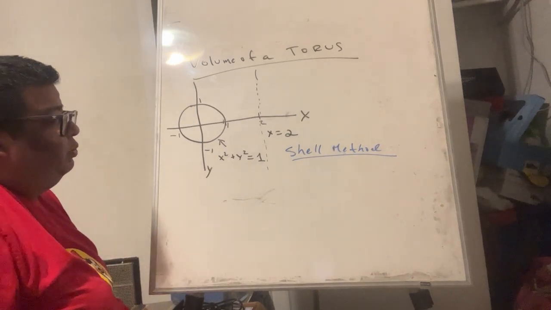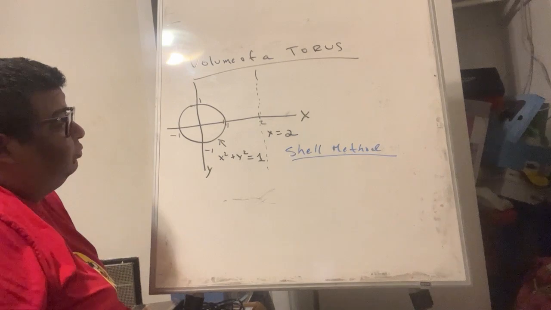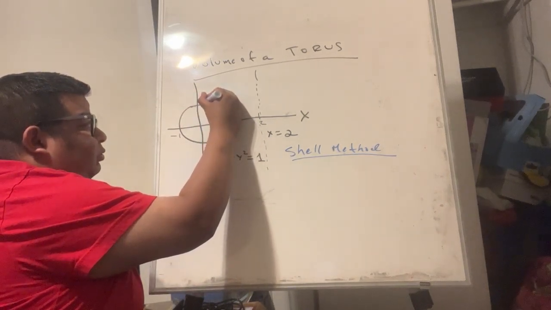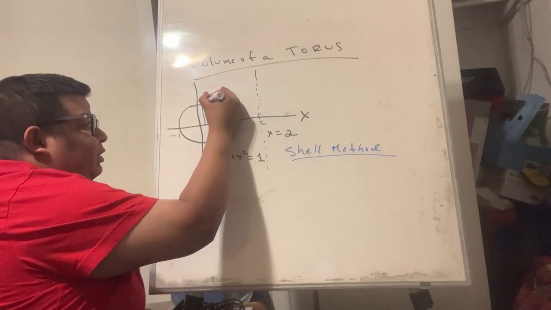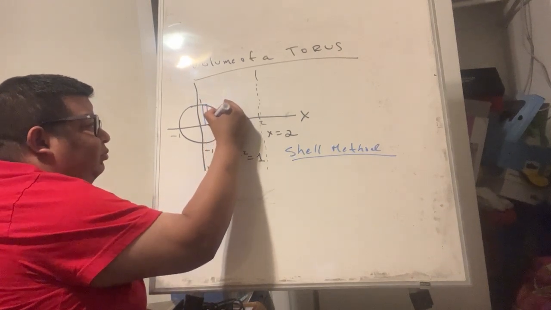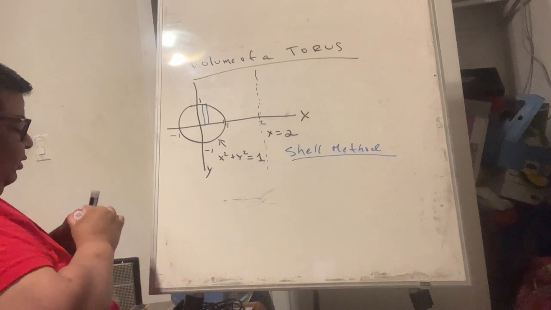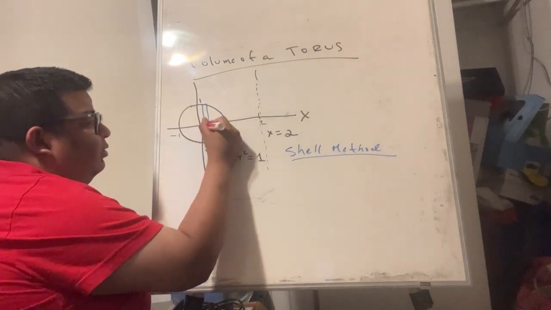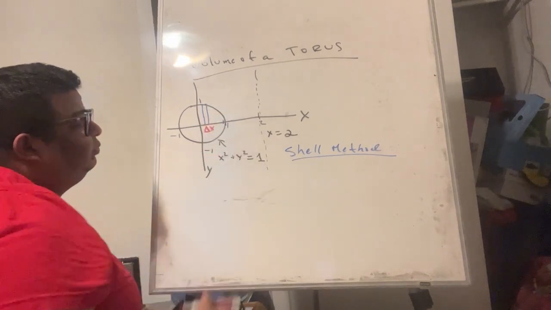So what we're gonna do is that we're going to create a rectangle, and that rectangle has a width of delta x.